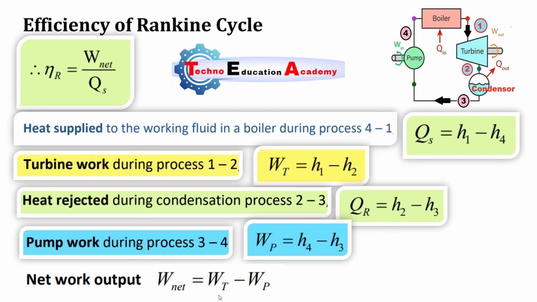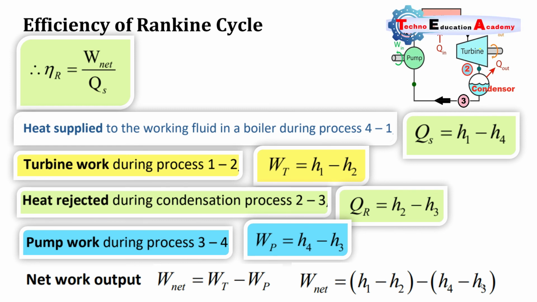So net output is WT minus WP: work output device minus work input device. So net work done equals work done in the turbine, H1 minus H2, and work done in the pump equals H4 minus H3.